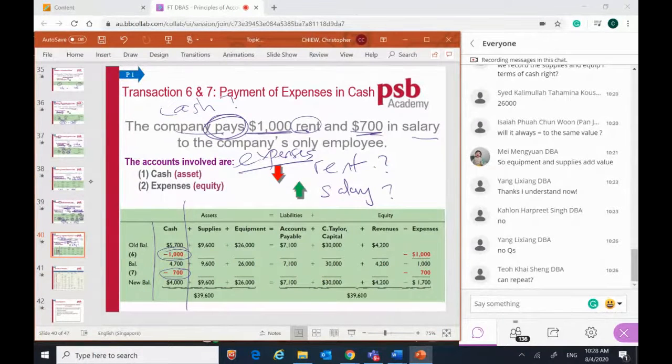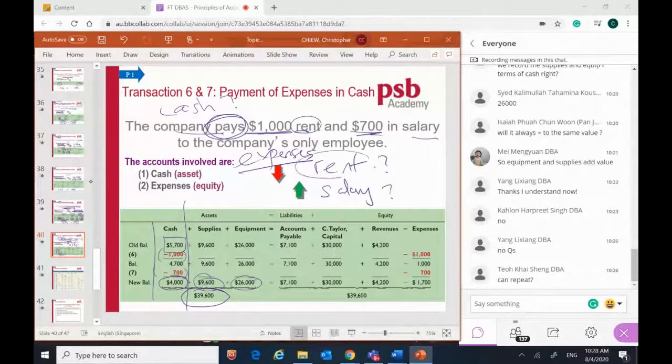So just now we have $5,700 cash minus $1,000 rent minus $700 for salary. Our cash now dropped to $4,000. You got it? Supply no change, equipment no change. Total assets drop to 39,600. You got it?